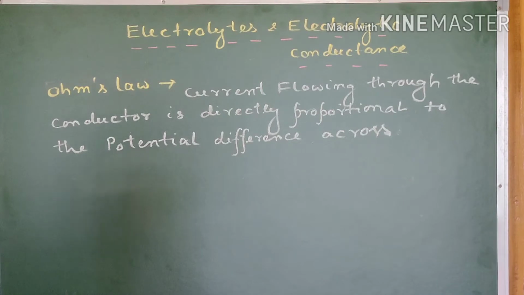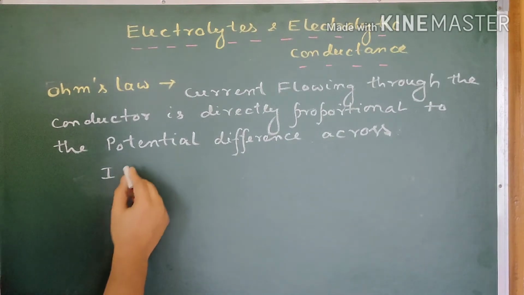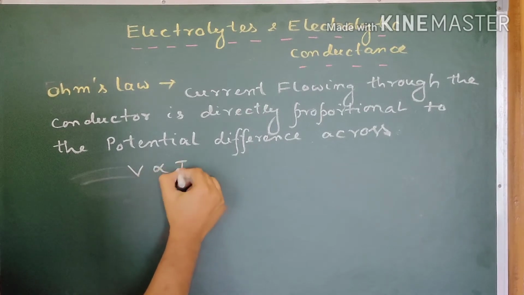Now, suppose for an example, the current is I and the potential difference is V. So, according to this law, V is proportional to I.